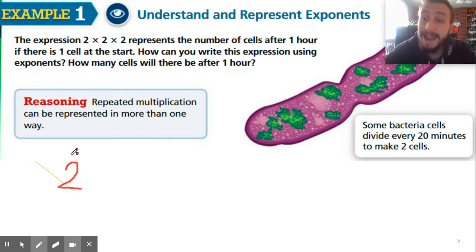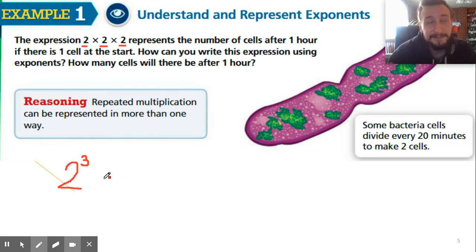And then our exponent tells us how many times our base is written. How many 2's do you see here? 1, 2, 3. So 2 times 2 times 2 means 2 to the power of 3. It's 2 multiplied by itself 3 times.